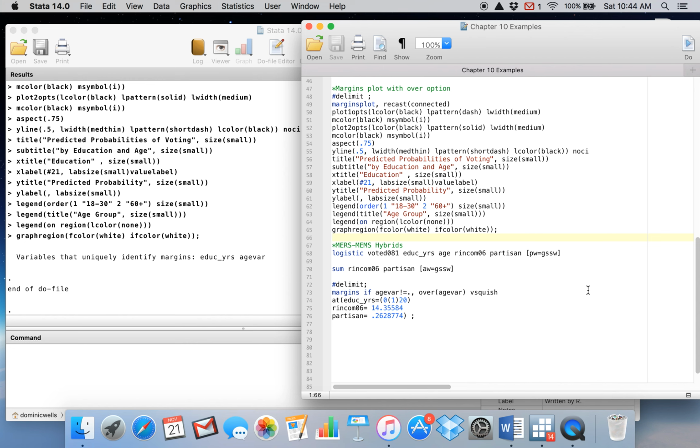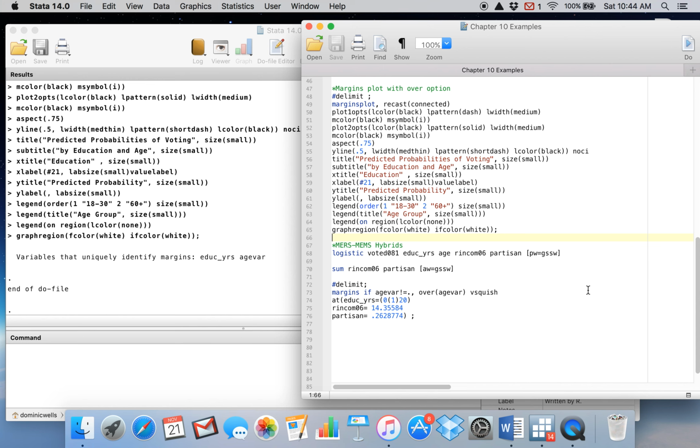Now I'm going to show you pretty quickly that we can do both of these things together. Sometimes you want to hold options at a certain value.